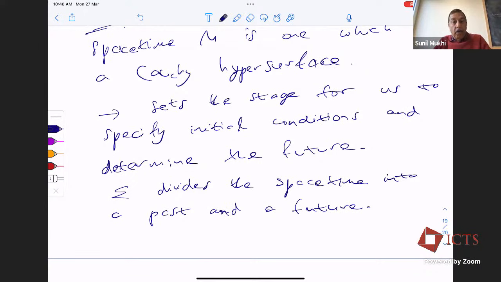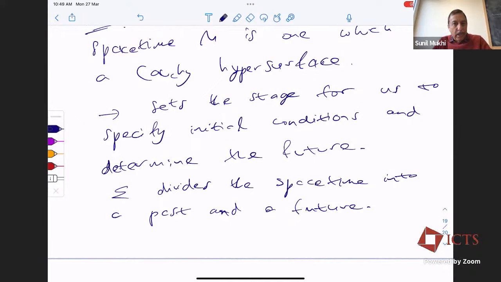I think it's pretty obvious because from the definition, the past is defined as the place from where future-directed inextendable causal paths pass through the surface, and the future is the place from where past-directed ones do the same thing.